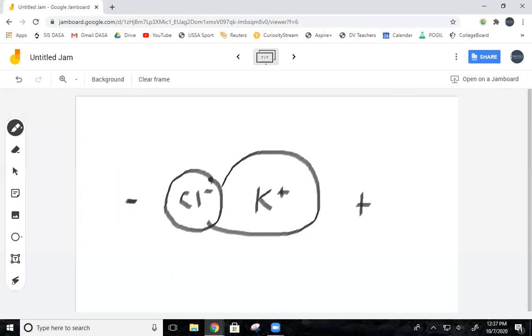And we can look at the electronegativity of these two and compare them, and that will dictate the amount that these have become ionized. Okay, really Cl minus, right, and K plus.